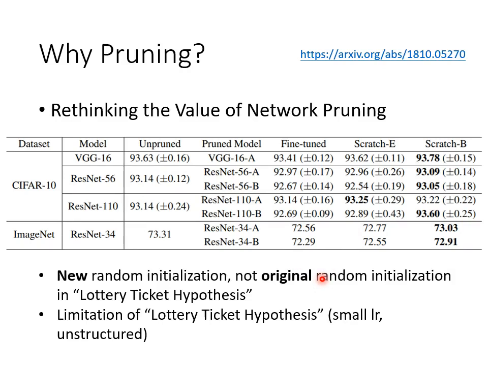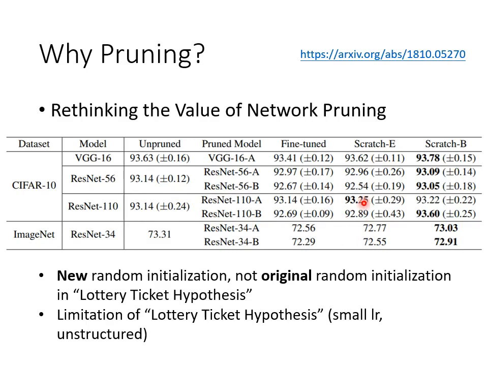I know it's difficult to understand. I hope you know what I'm talking about. Good. The Scratch-E here means we really initialize the parameters randomly. The size of the small network and the size of the pruned network are the same. It found it was a little bit worse. It seems to be the same as most people's imagination.